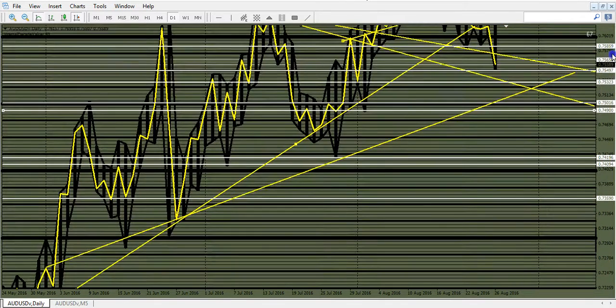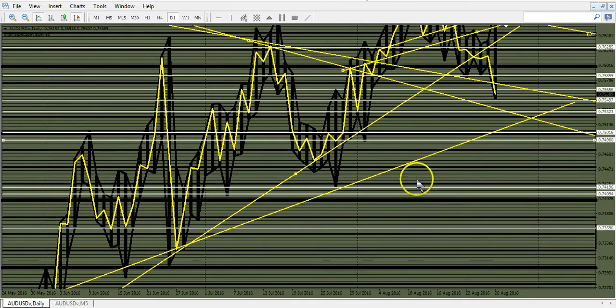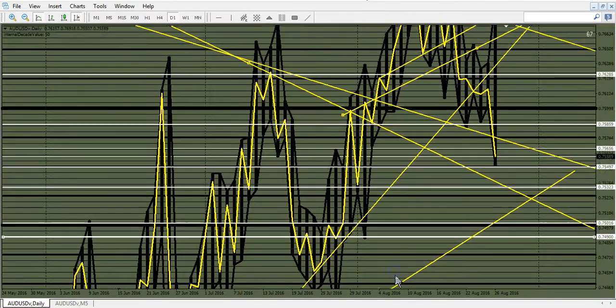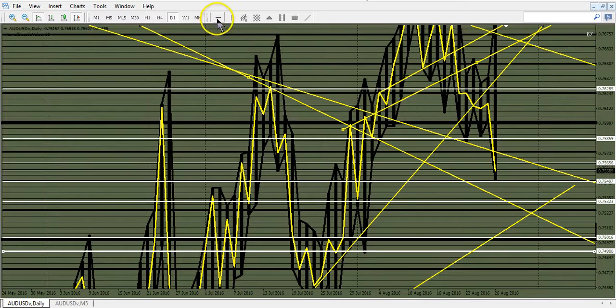So you could make the argument for, well, it's going to ricochet off that at some point. But there could be quite a bit of scalping in the meantime.